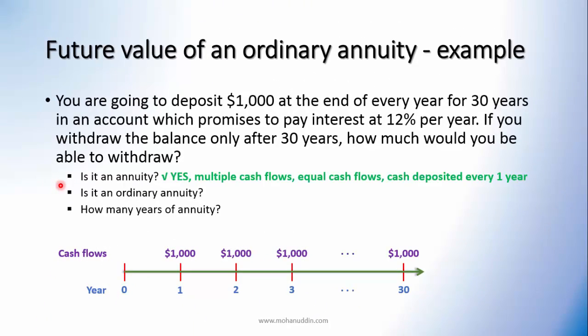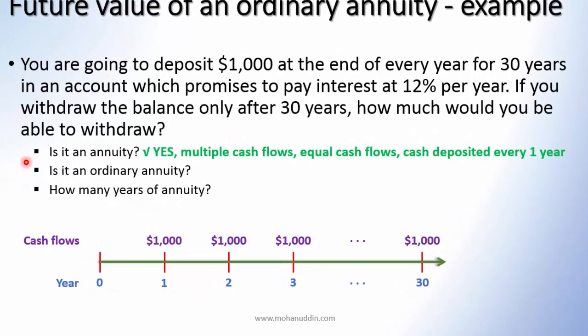If we check, yes, it is an annuity because it has multiple cash flows, the cash flows are equal, and also cash is deposited in equal intervals of time, that means every 1 year. It is also an ordinary annuity because the first year cash flow is deposited at the end of the first year, the second at the end of the second year, and so on. So we can apply the formula for the future value of an ordinary annuity.